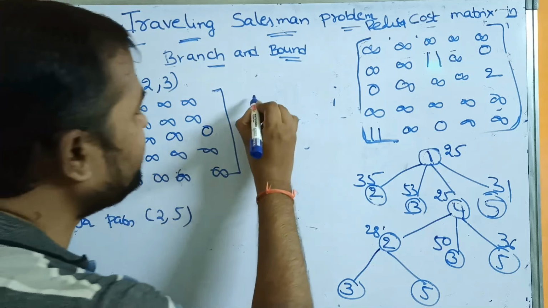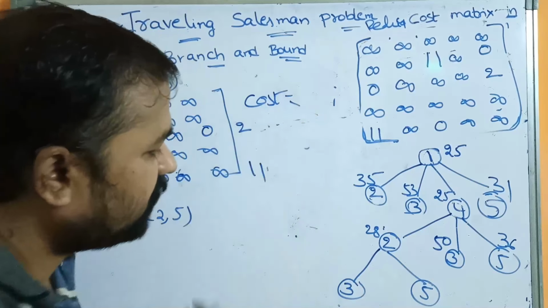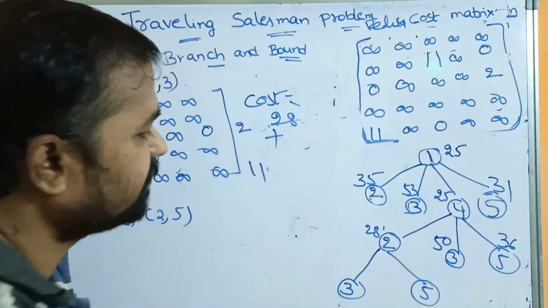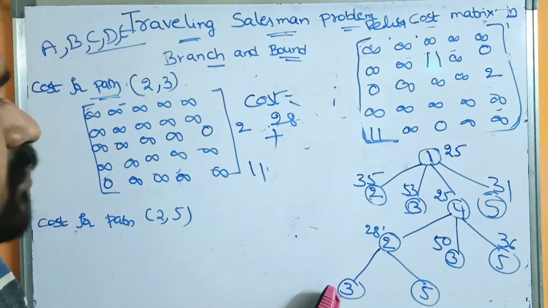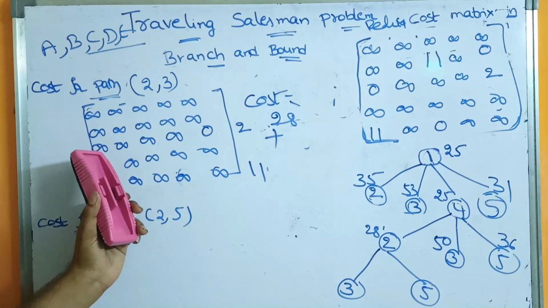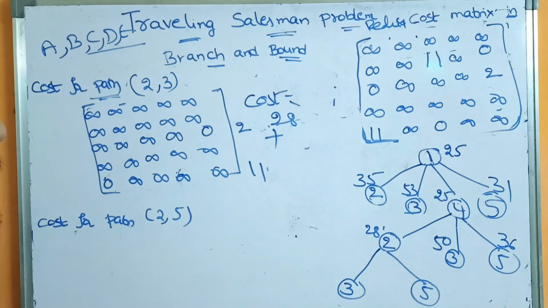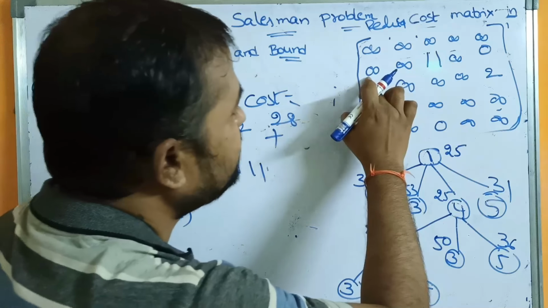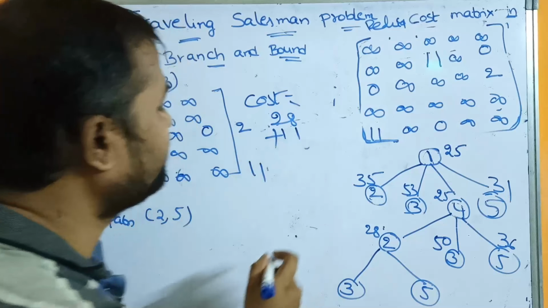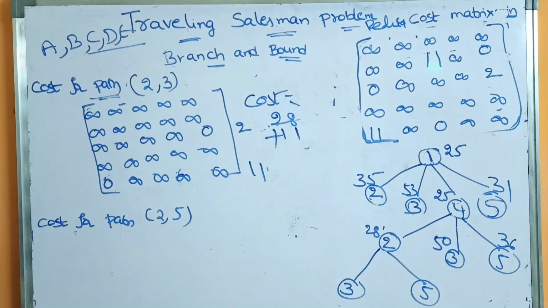Now we have to determine the cost here. So what is its parent node cost? 28. So 28 plus the edge cost from 2 to 3. 2 to 3 means second row, third cell. So 28 plus 11, and what is the reduced cost?